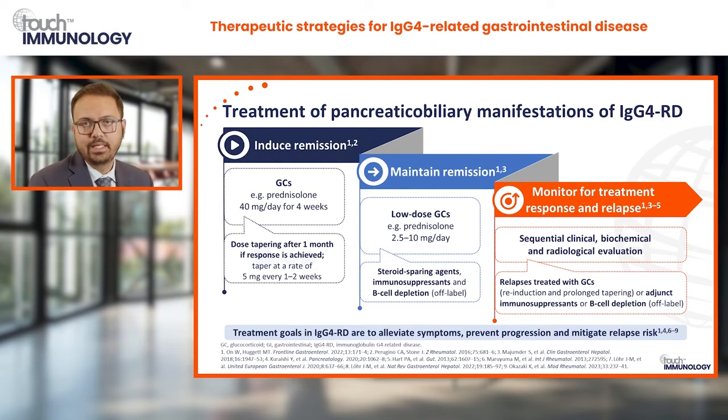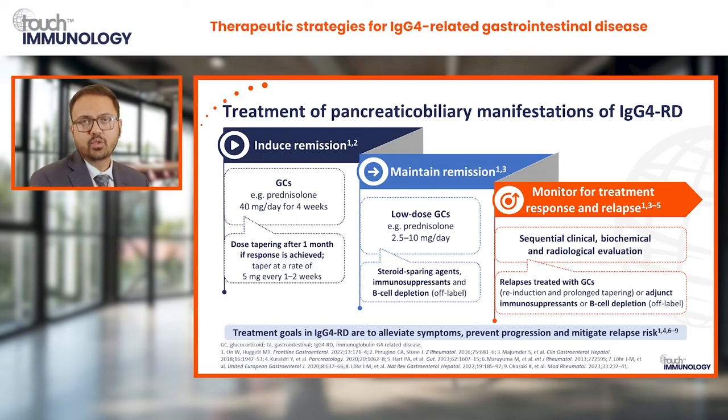And so it's really important to have a plan in place for monitoring these patients for relapse and then treat a relapse when it happens. And the choices of treatment for relapsing disease include steroids or prednisone, but there are a few other classes of medications that can be considered, and we'll discuss that in detail with Professor Löhr here today.